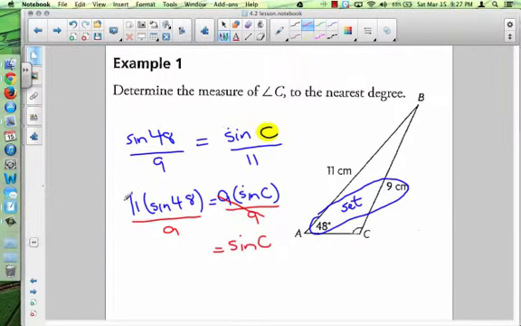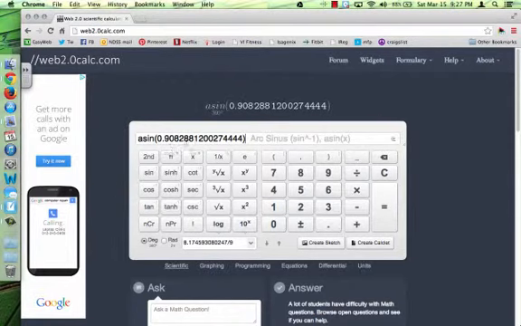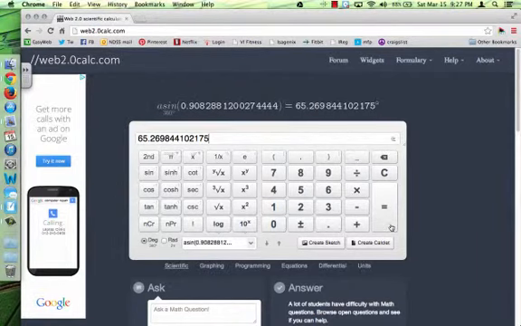So if I know that that ratio is 0.908, I can find angle C by finding the inverse of 0.908. So go back to your calculator and we'll go second sine of 0.908 and I get 65 degrees.